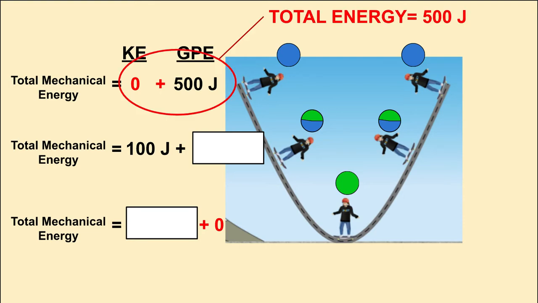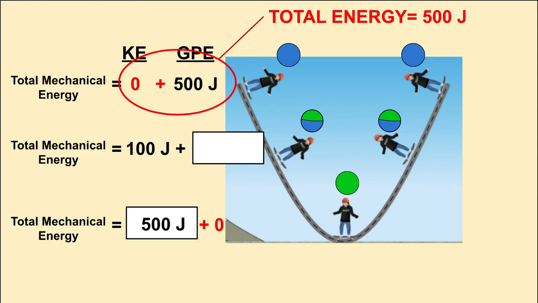So right at the beginning, we can say that the total energy is 500 joules. It's all potential, zero kinetic, but it doesn't really matter how it's split up. We just want to figure out what the total amount is. Then at the very bottom, when there's zero potential energy, all of those 500 joules must have switched to kinetic energy.